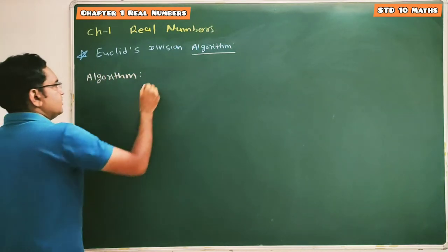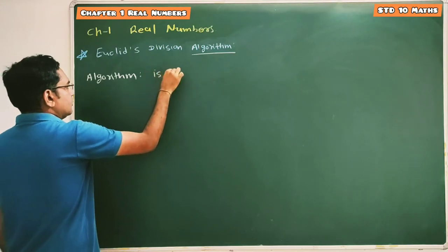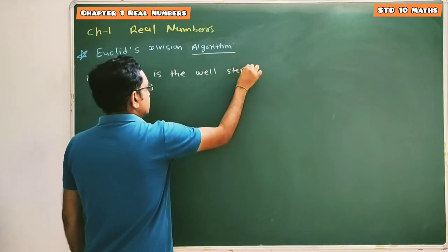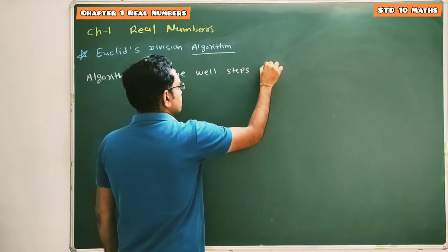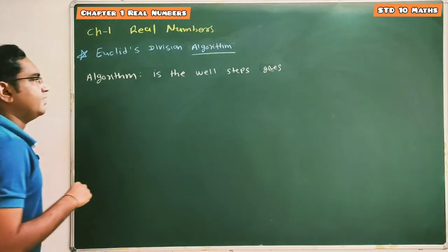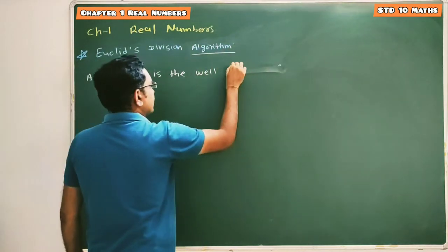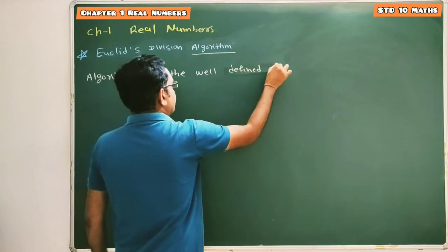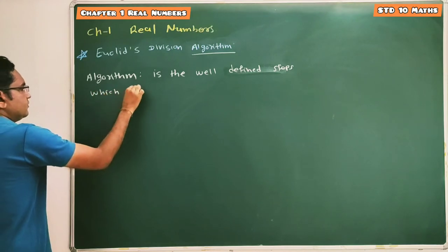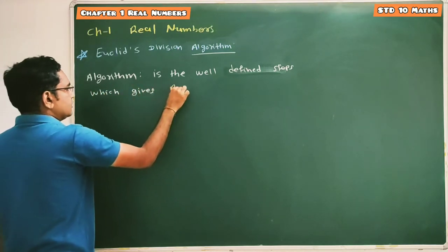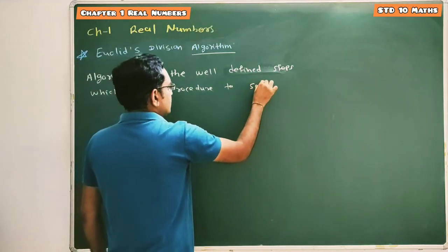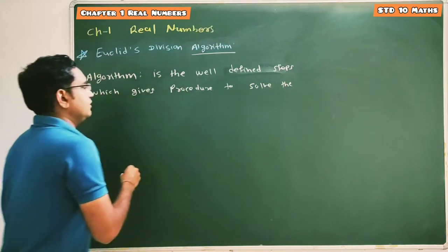The definition says that an algorithm is a set of well-defined steps which gives a procedure to solve a type of problem.